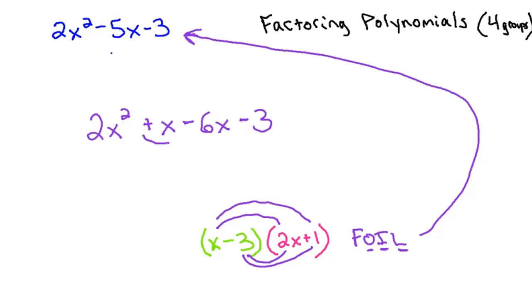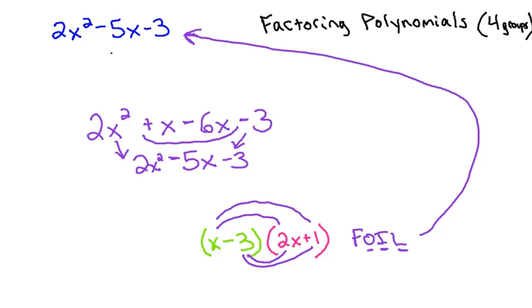So you have these like terms right here, positive x minus 6x, and that's a negative 5x, and then you just bring this down, negative 3, bring this down, 2x squared.